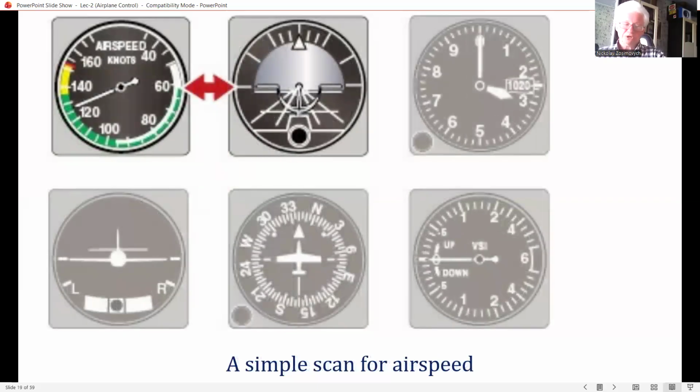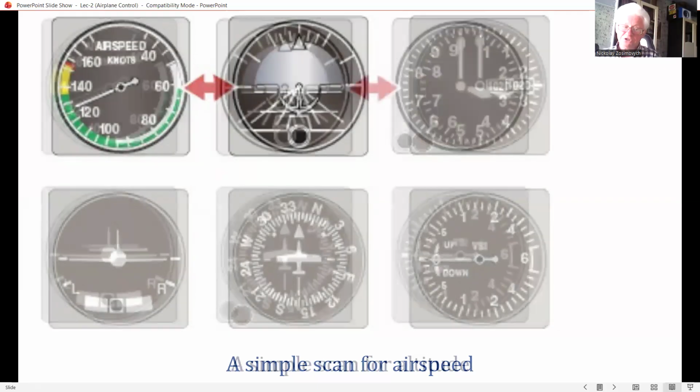Next, airspeed. Airspeed information is also very important, and this is easily checked by moving the eyes left from the AI to the airspeed indicator before returning them to the AI. Altitude.